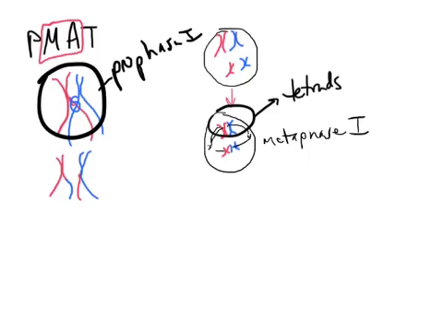Okay, so the spindle fibers from one side of the cell attach to your mom's chromosomes, the red chromosomes, and the spindle fibers from the other side attach to the blue chromosomes. You don't have all of the red chromosomes going to one side and all of the blue chromosomes going to the other side. I could just as easily have drawn it like this.